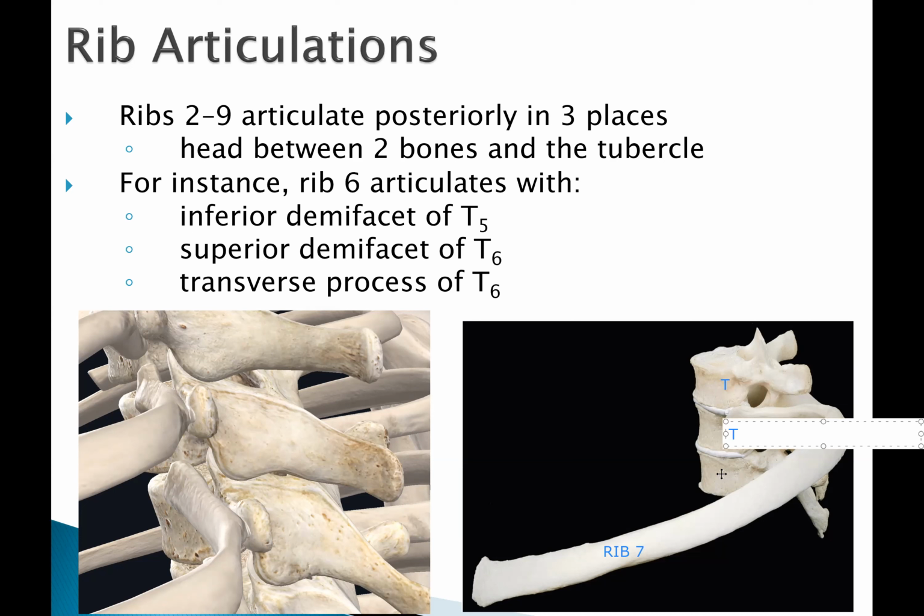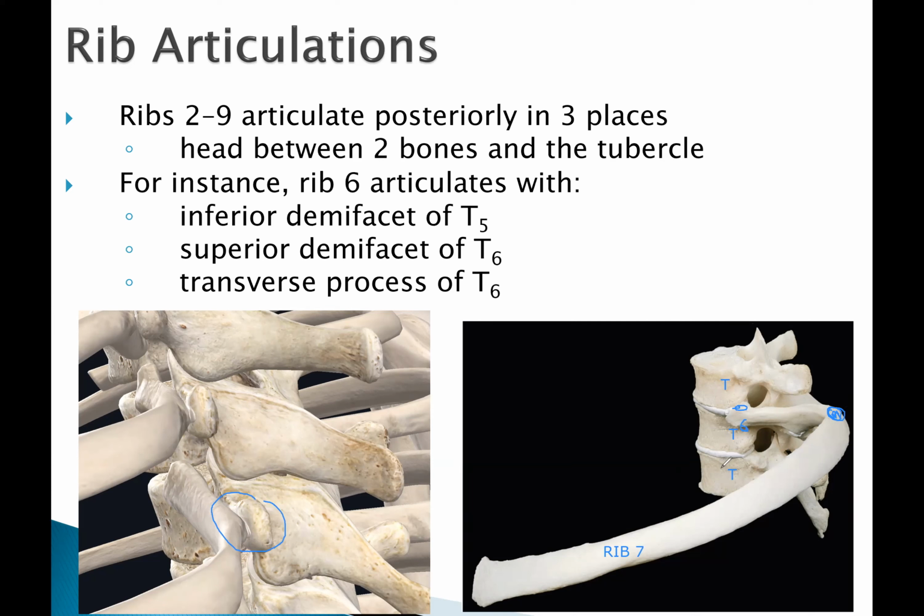And this is going to be T something, right? These are the thoracic bones. So what is it touching? Well, it's touching this inferior demifacet here. Let me draw. It's going to touch this right here. It's going to touch right here. And it's going to touch the transverse process behind this. It's actually right here, this connection right there. Behind it, right there. Okay?